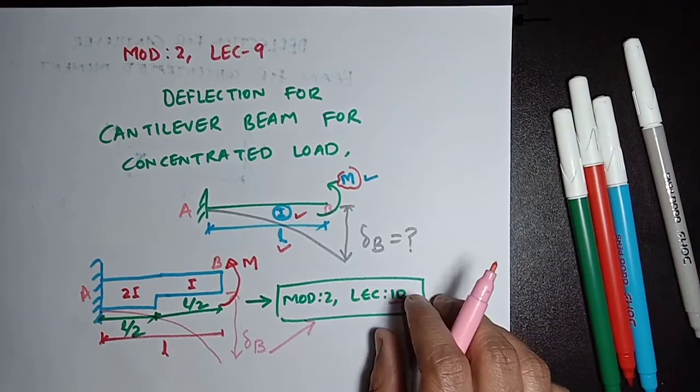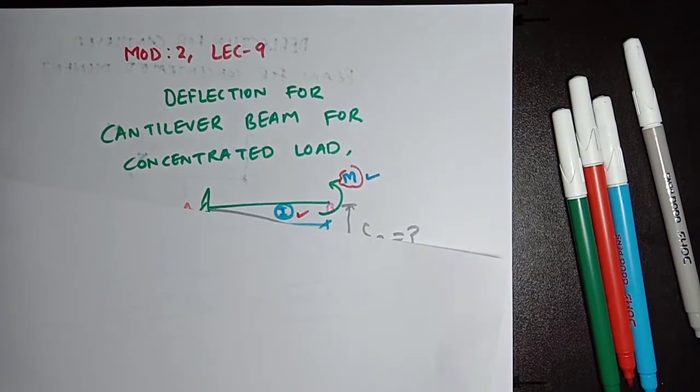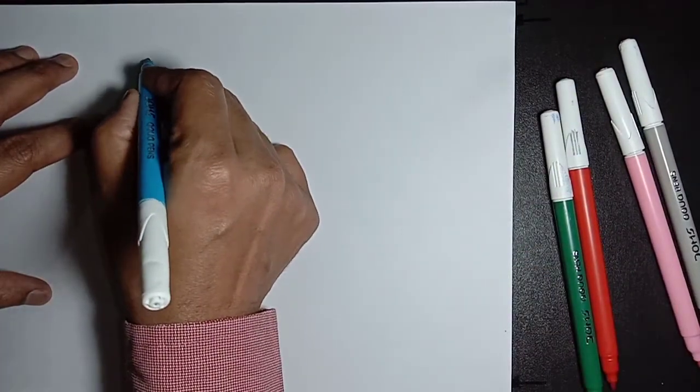Now come to our solution for the deflection for a concentrated moment acting at the tip of a cantilever beam, and I am going to solve the deflection using the moment area method. Now the problem statement is here.